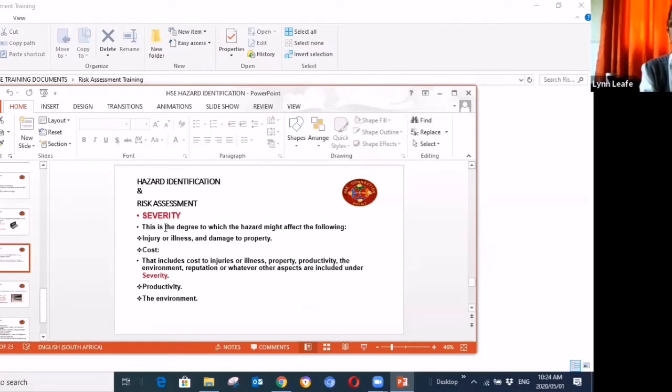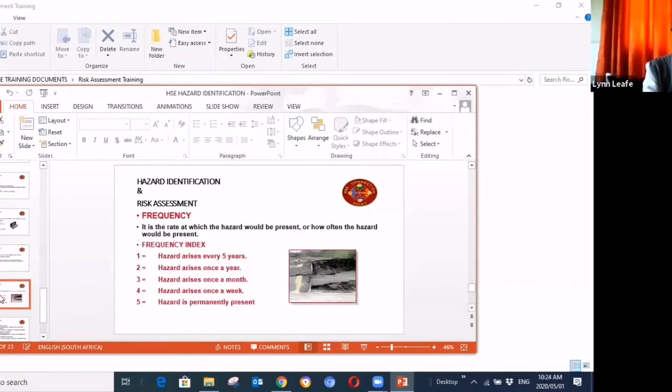Severity. This is the degree to which the hazard might affect the following: injury or illness and damage to property. Cost. That includes cost of injuries or illnesses, property, productivity, the environment, reputation, or whatever other aspects are included under severity. Frequency. It is the rate at which the hazard would be presented, or how often the hazard would be present.